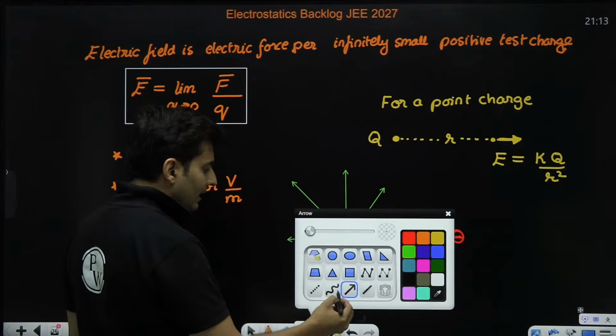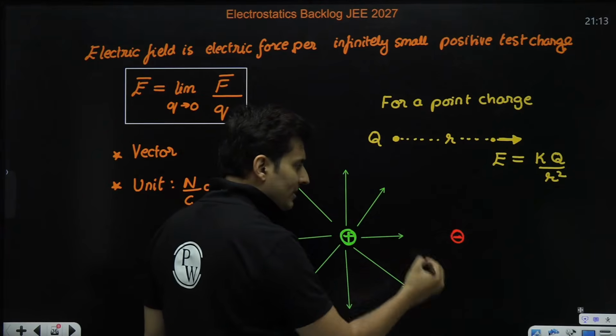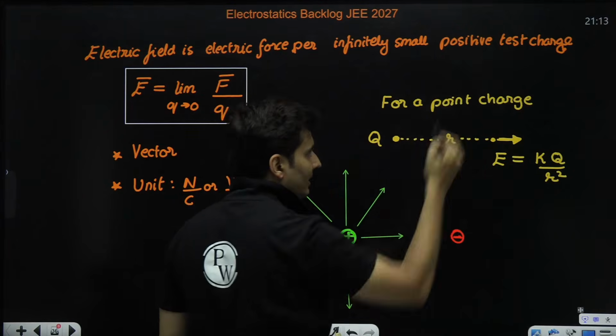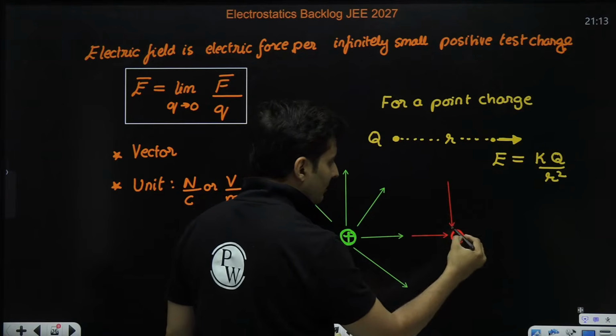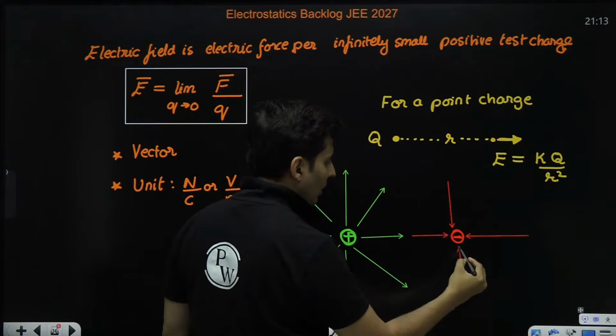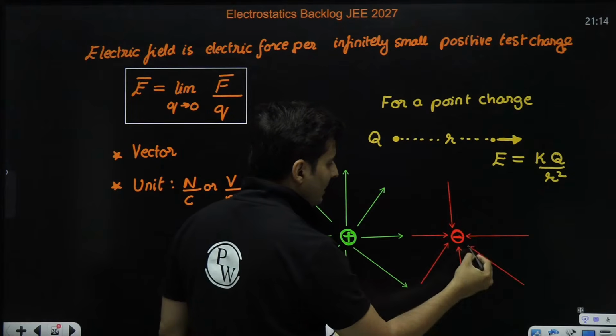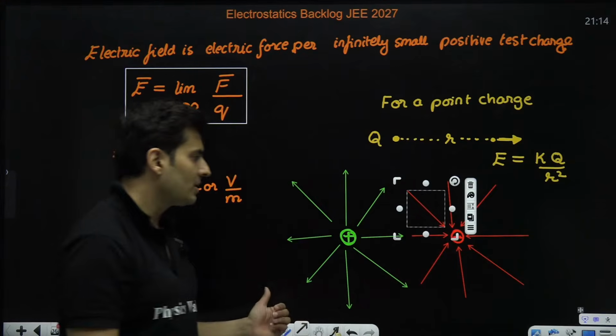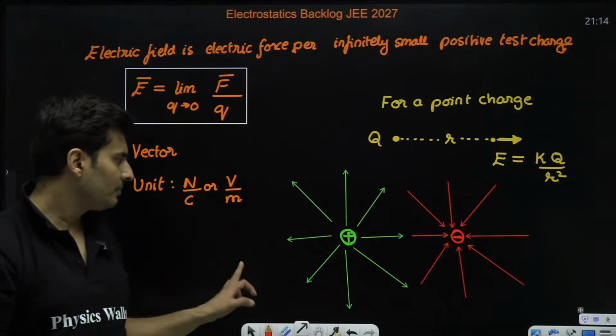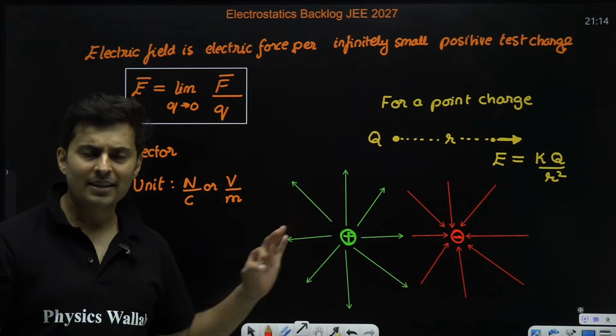Whereas for a negative charge, if you bring a positive testing charge around it, it will always attract it. So for a negative charge, the electric field will always come radially inwards. Is that clear why this happens?